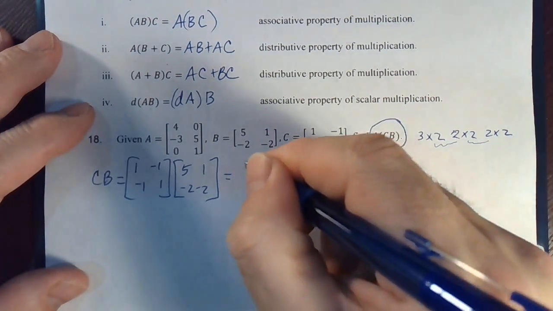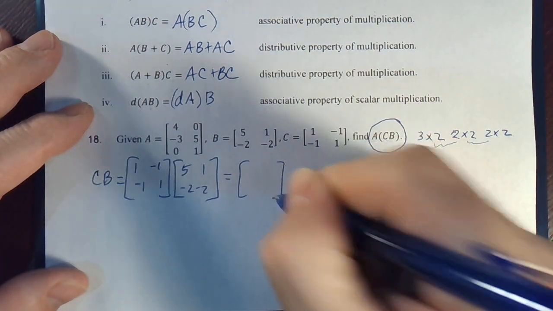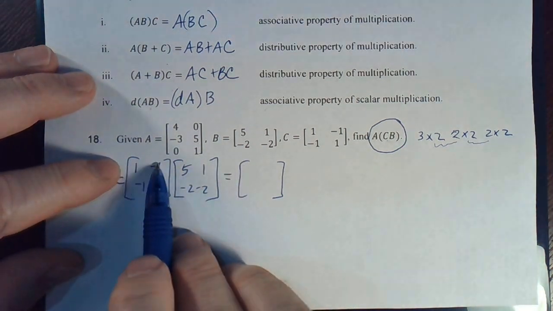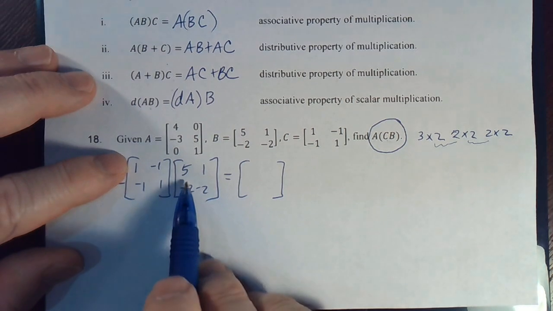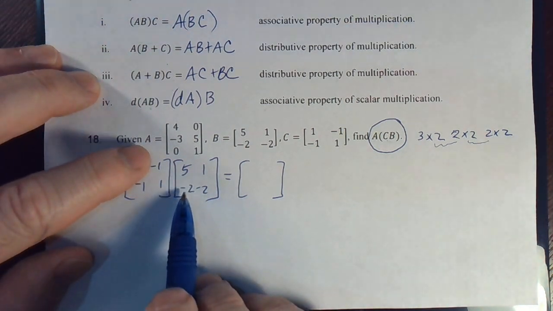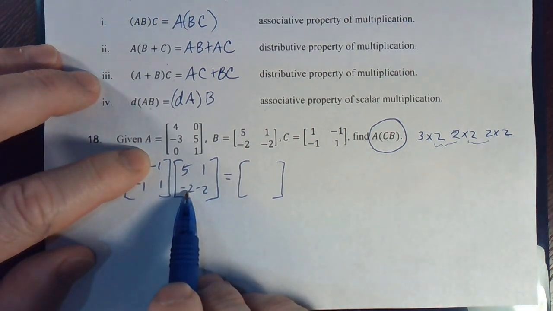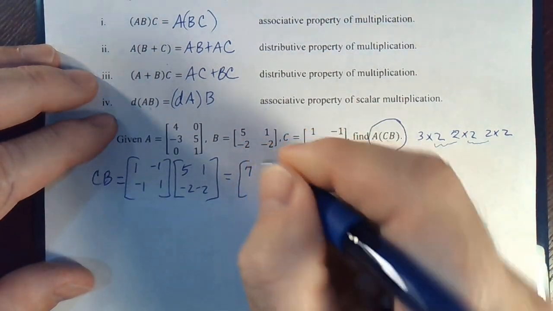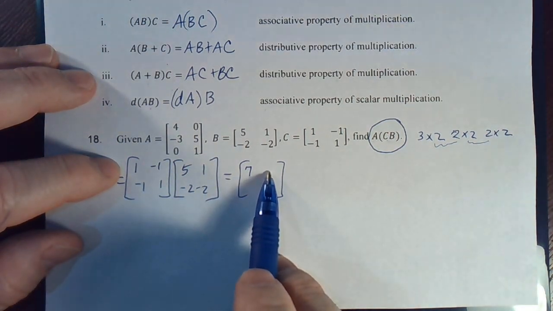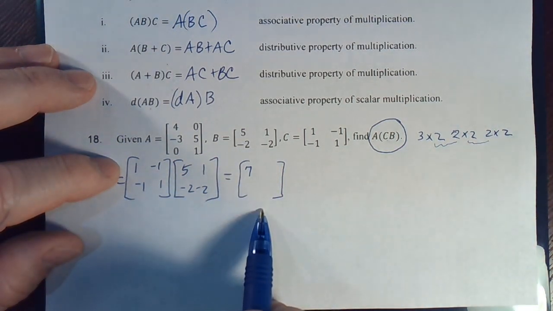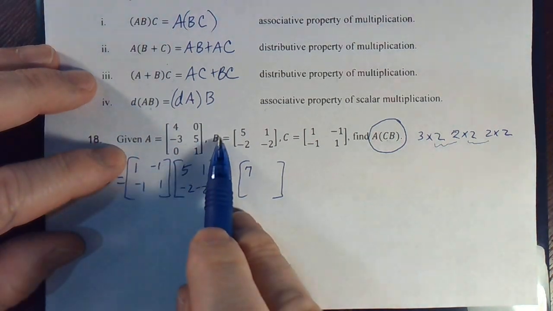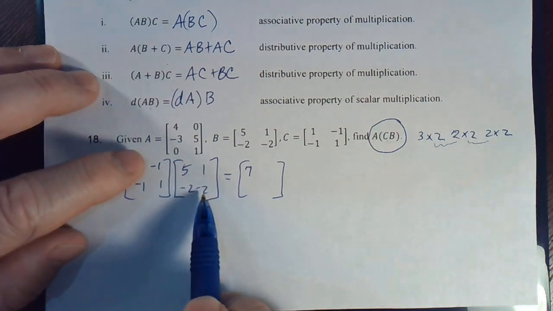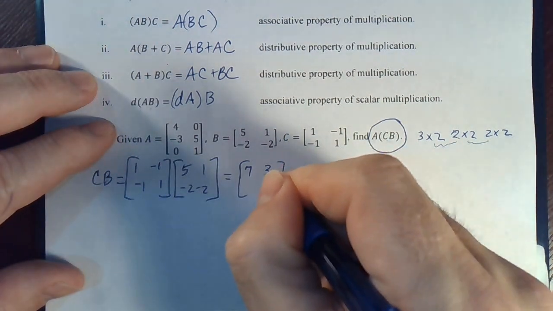All right, first element here, row 1 of the first matrix times column 1 of the second. 5 plus negative 1 times negative 2 is positive 2, so 5 and 2 gives us a 7. This element right here is row 1, column 2. So we multiply row 1 times column 2 of the second matrix. 1 plus 2 is 3.